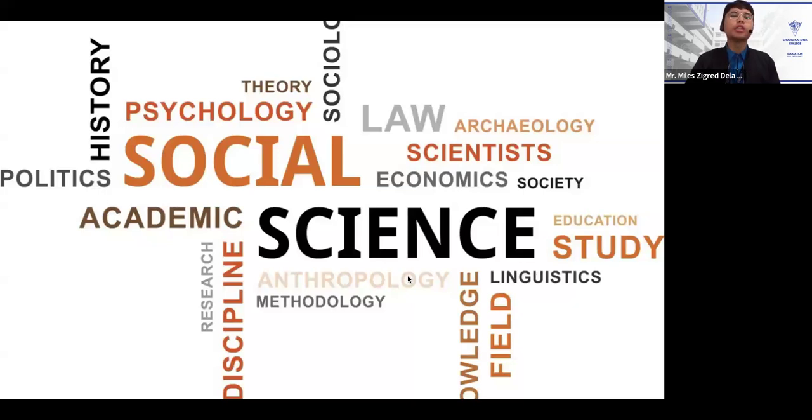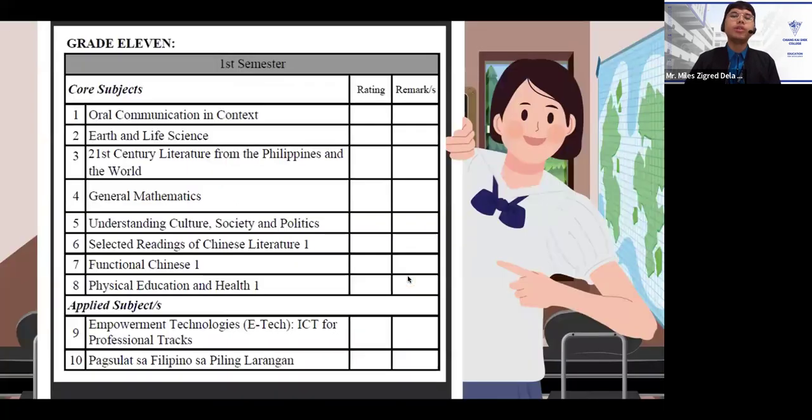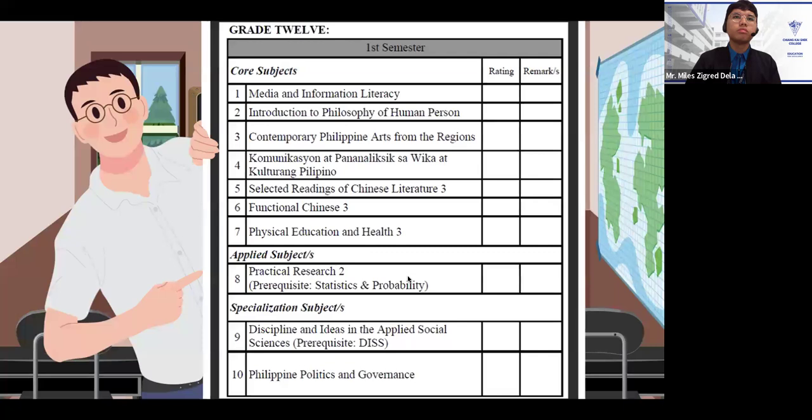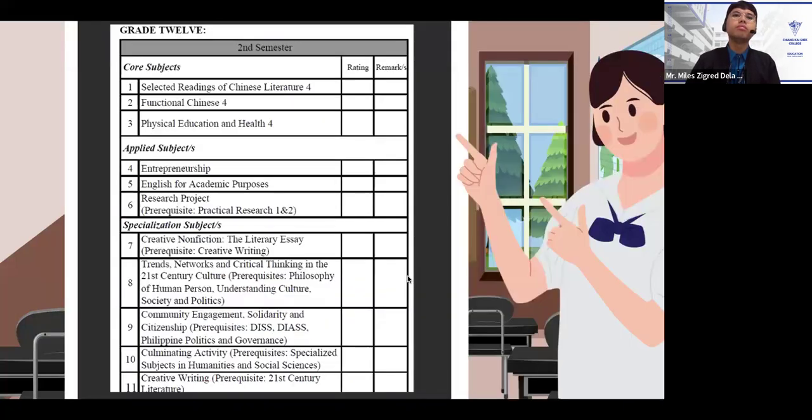Now let's go to the Humanities and Social Sciences. Presented on your screen is the curriculum for grade 11 HUMS first semester, grade 11 HUMS second semester, grade 12 HUMS first semester, and grade 12 HUMS second semester.